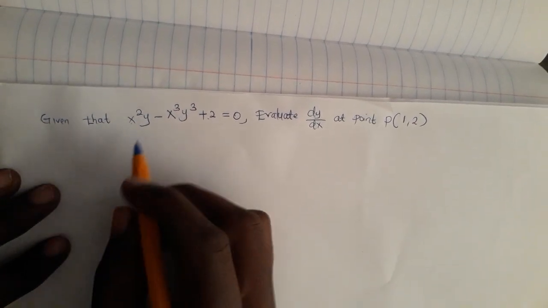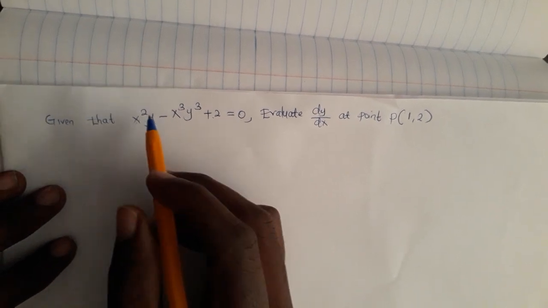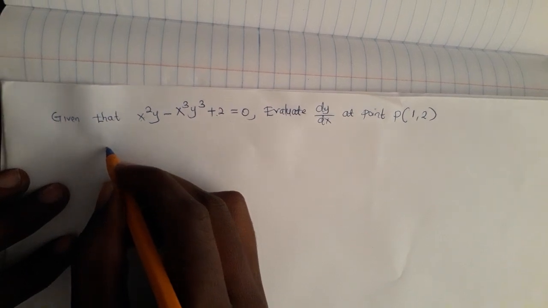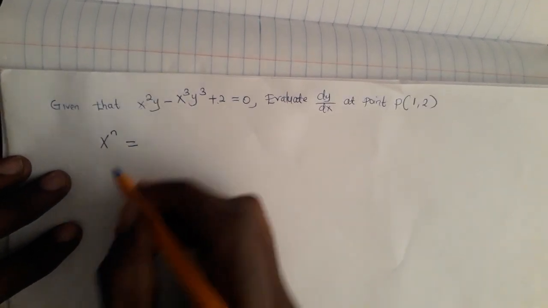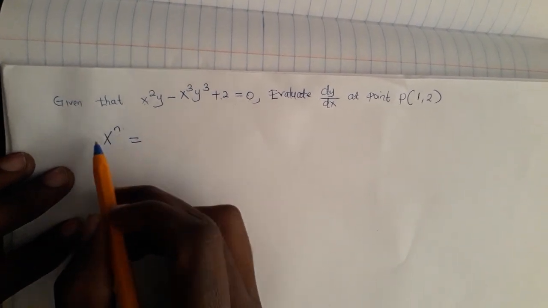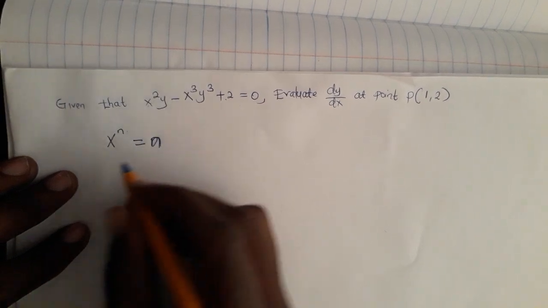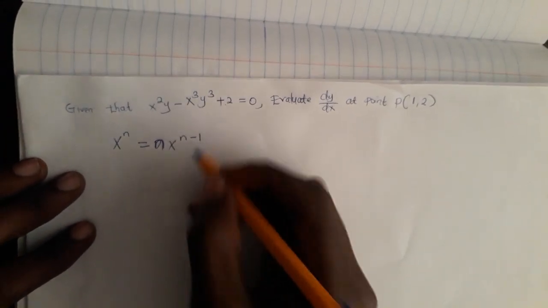If we differentiate x squared y with respect to x, let us take an example here, x power n. If we differentiate this, the n comes before x, so we are going to have n, and then x power n minus 1.